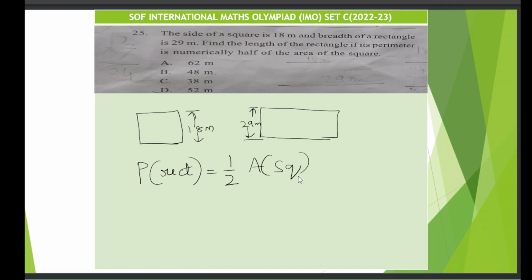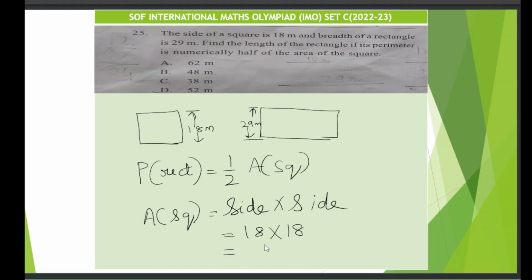So first let's find the area of the square. What will be the formula? Side into side.